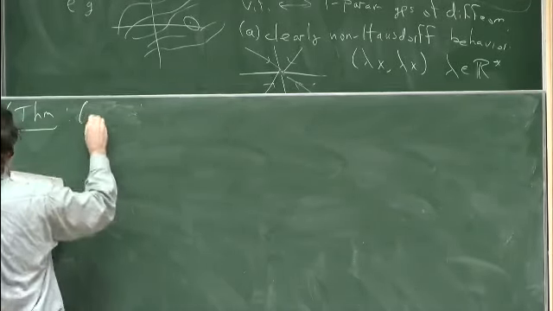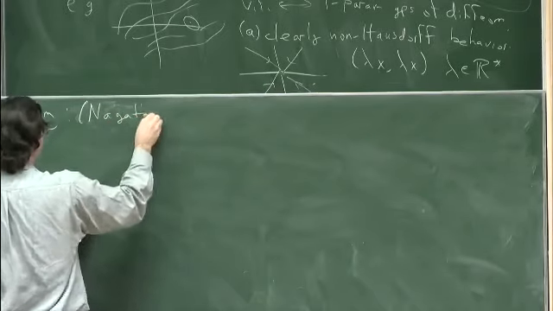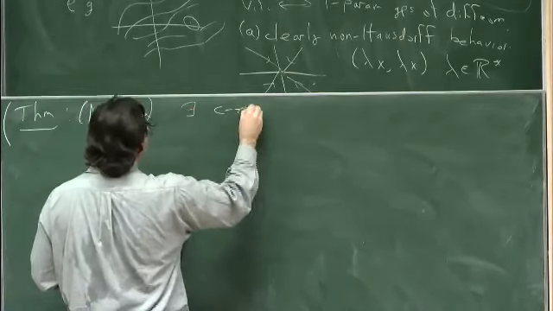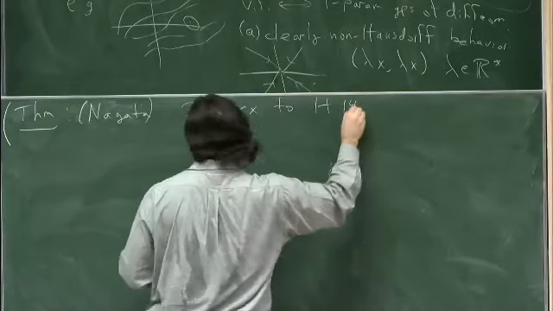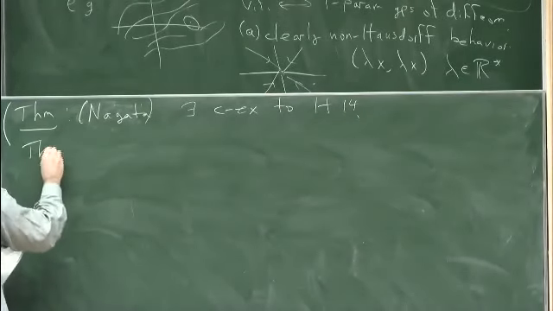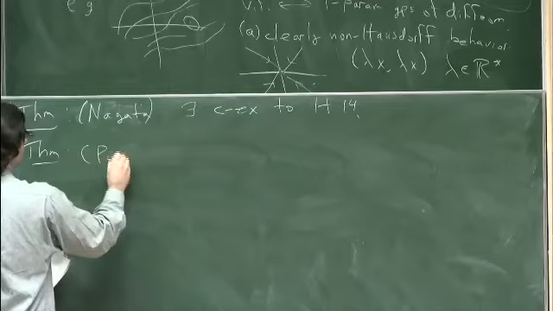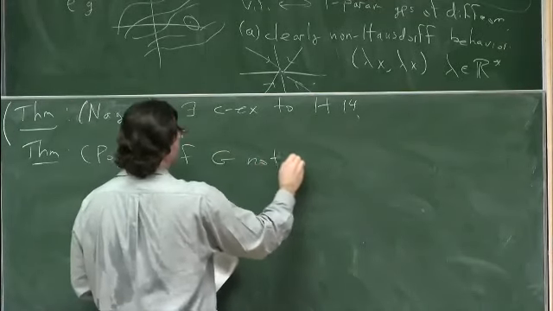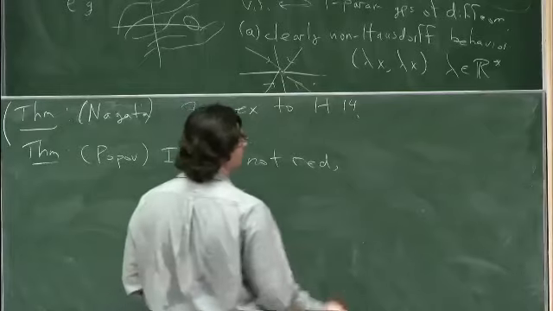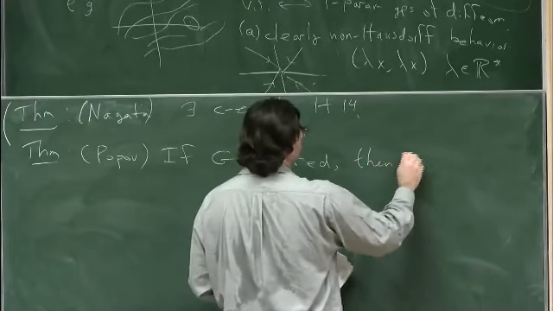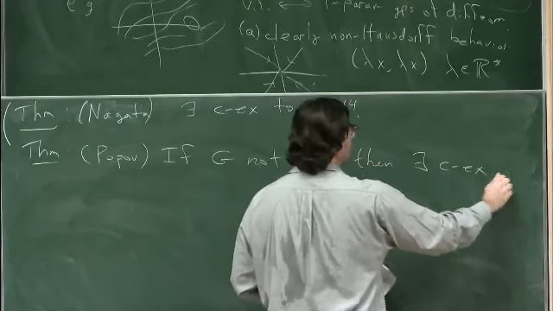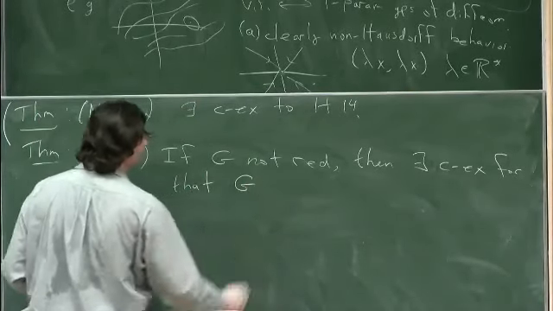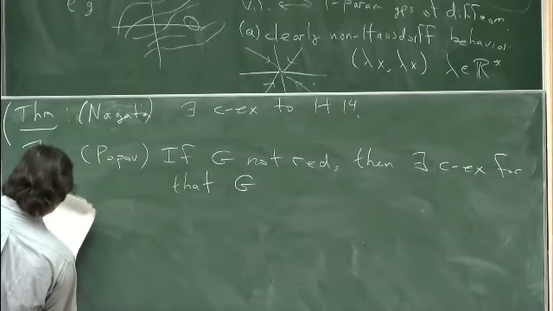So the theorem of Nagata is that there exist counterexamples to Hilbert's 14th. And then there's a theorem of Popov building off of that, which says that if G is not reductive, then you can always find a counterexample for that G. Strictly speaking, we'll do this with affine varieties instead of linear representations, but whatever. It's not a big difference.